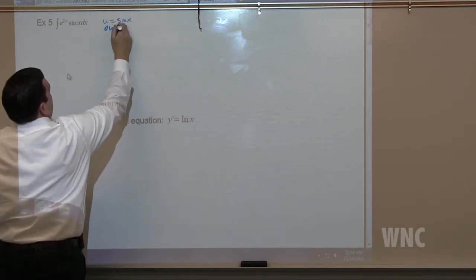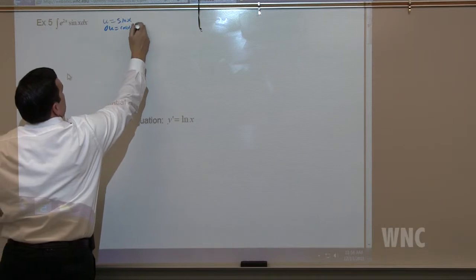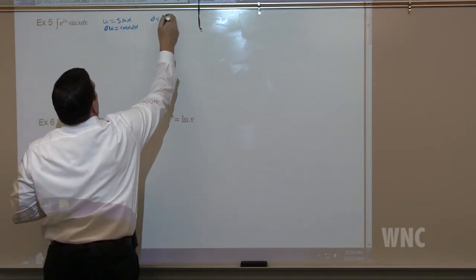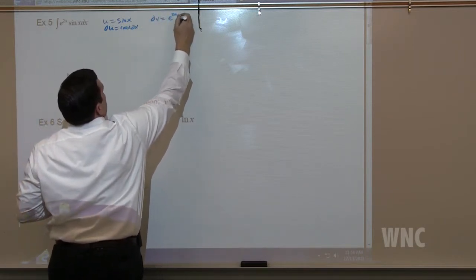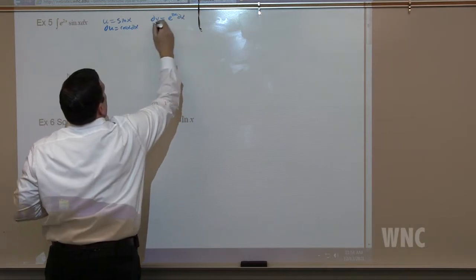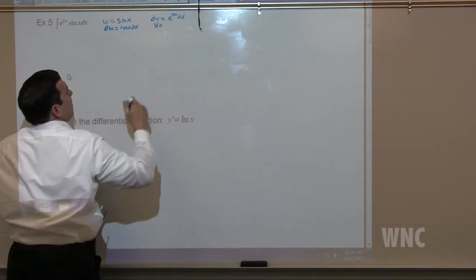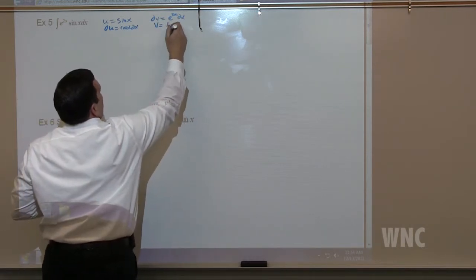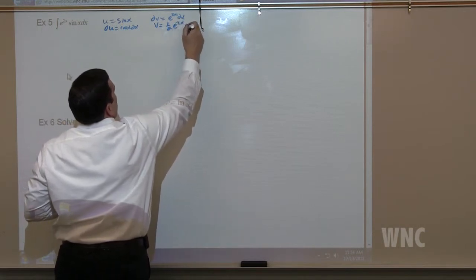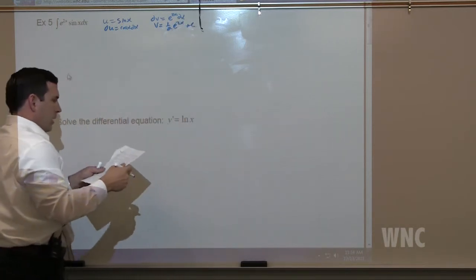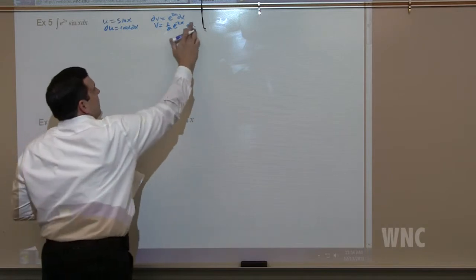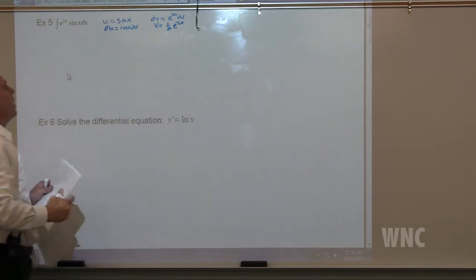So du is going to be cosine x dx. Our dv then would be e to the 2x dx, and v is going to be 1/2 e to the 2x plus c. And we don't really need the plus c's on this. We'll save that for the very end of the problem.